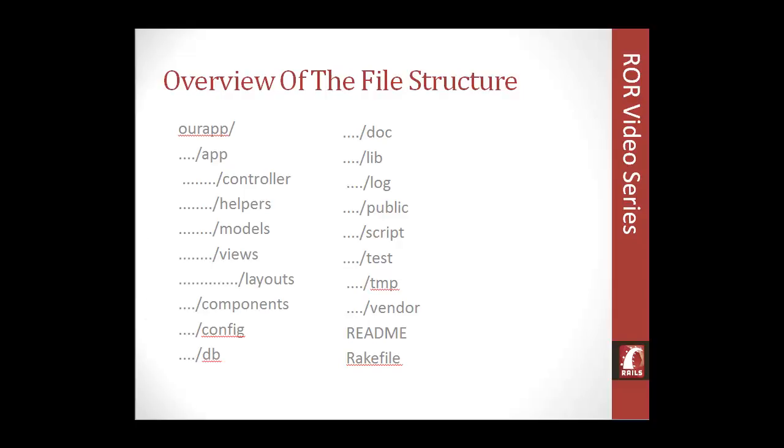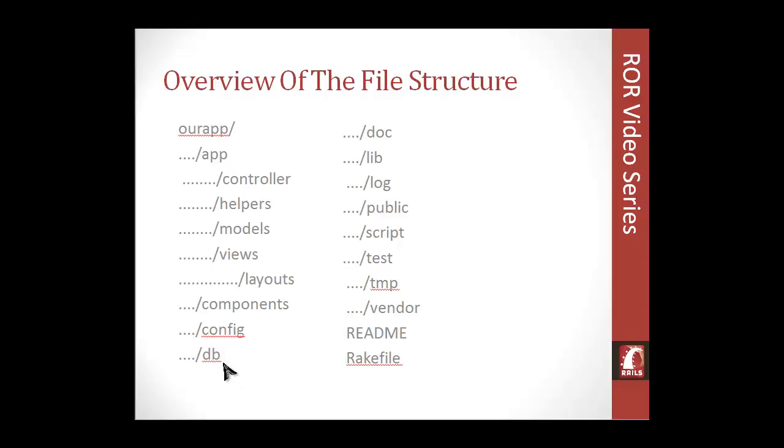And then there's the database.yml file, where you can specify the database you want to use for testing, development, and production. There's also an environment configuration file where you can configure the test, development, and production environments.